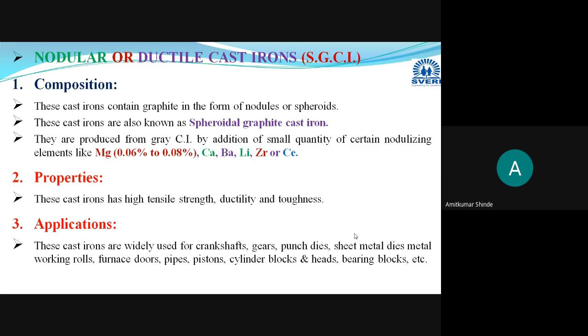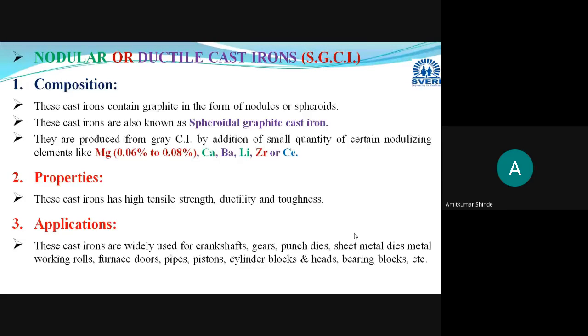Okay, one more important point is there in this nodular or ductile cast iron. Whenever you are taking the gray cast iron composition, you have to select the gray cast iron in such a way that the sulfur percentage should be less than 0.03%. Why are we selecting lesser sulfur, and the phosphorus content should also be very less?